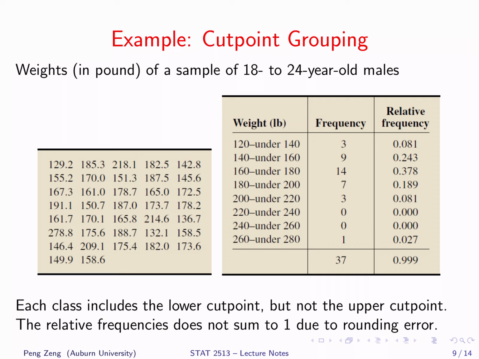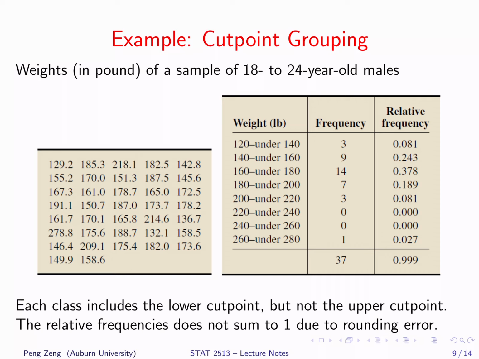Use two whole numbers to include them. We may choose 120 and 280, and decide to cut this range into small intervals of length 20 each. Notice that each class includes its lower cut point but not the upper cut point.